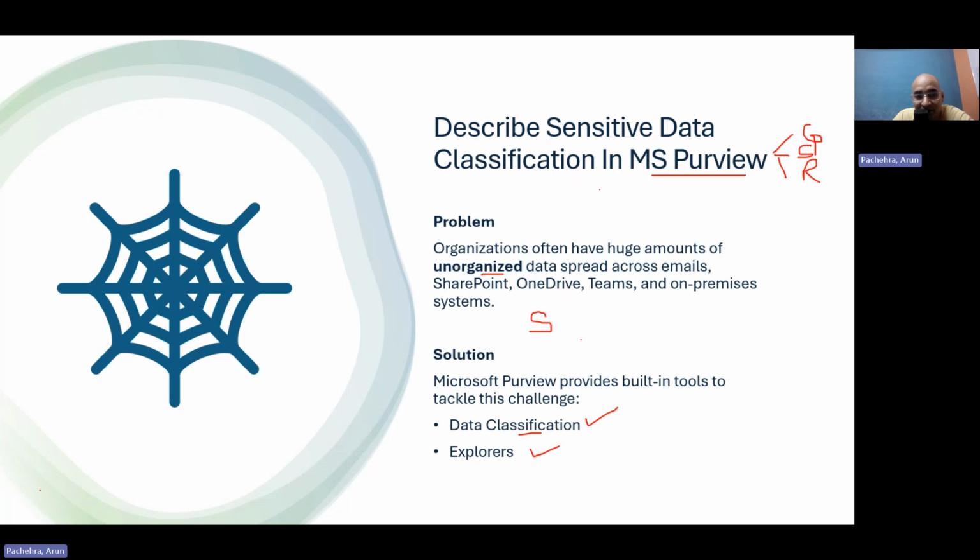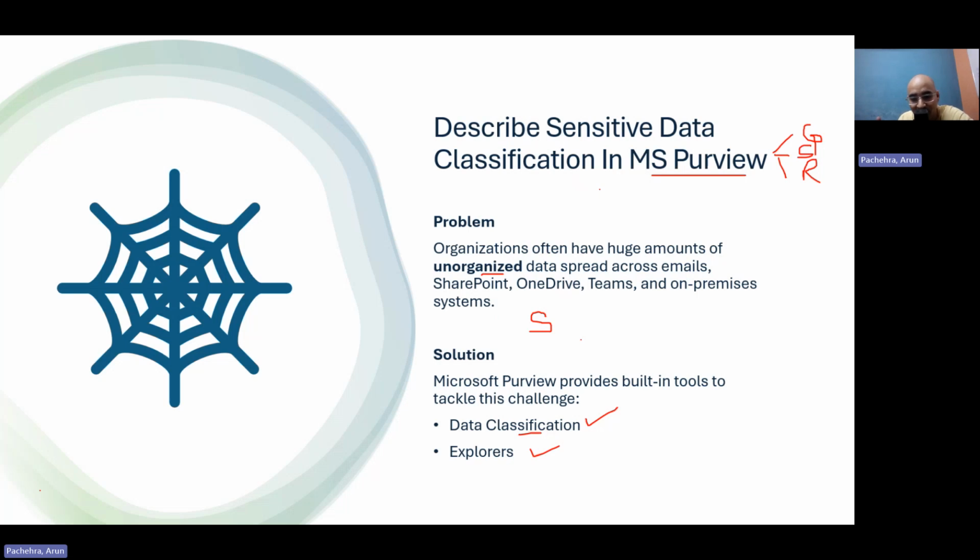So what is data classification? Well, data classification is the process of finding, tagging, and labeling the sensitive or important information in your environment. So it helps the organization in answering questions like what type of data do we have? Is it sensitive or non-sensitive, and how should I protect it?